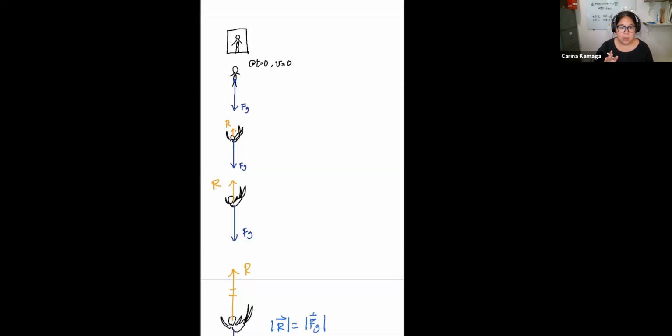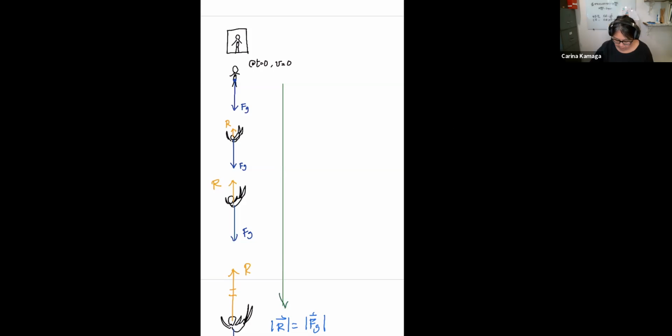And the person is no longer accelerating because the net force is 0, which means the acceleration is 0. The person is in constant motion, and in such a condition the acceleration is terminated. It's called terminal speed.